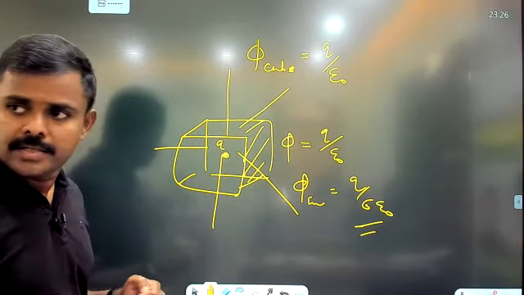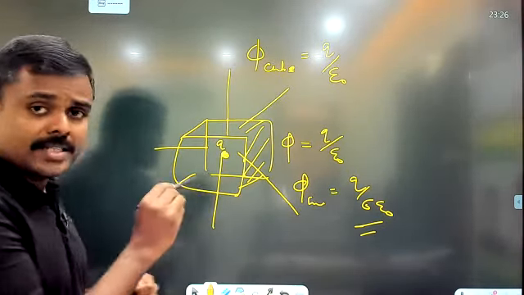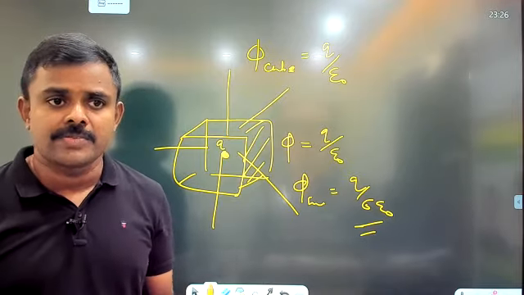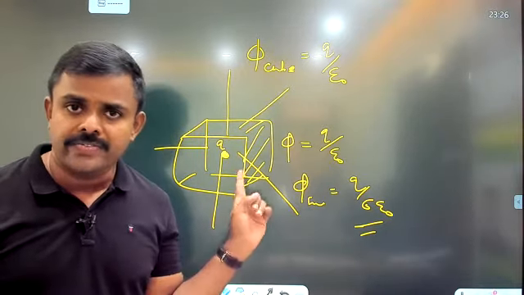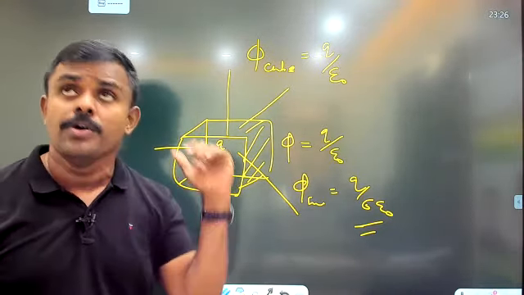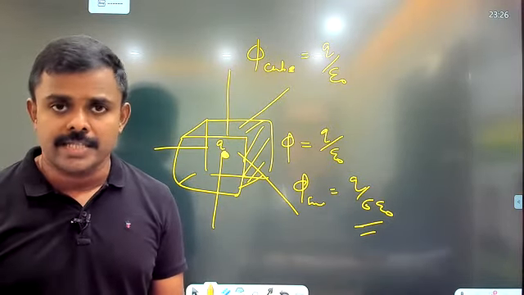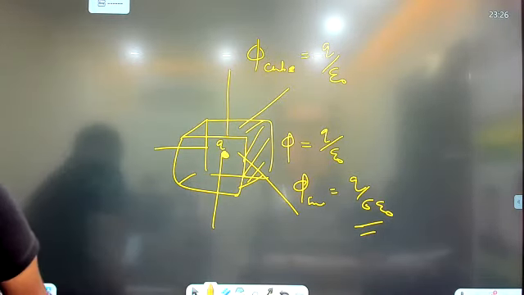It's already a symmetric distribution when you place it at the center. So flux through one surface: 1 to the right, 1 to the left, 1 in front, 1 behind, 1 above, 1 below. Altogether 6 surfaces, so that will be Q by 6 epsilon 0. Did you understand?